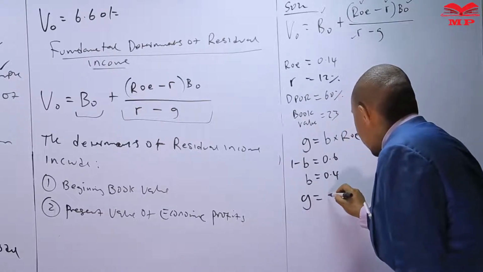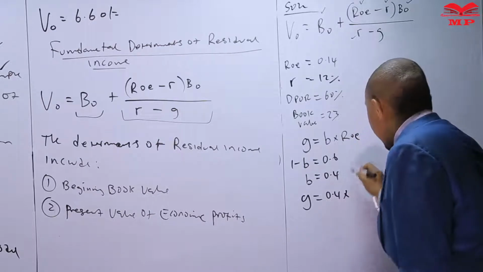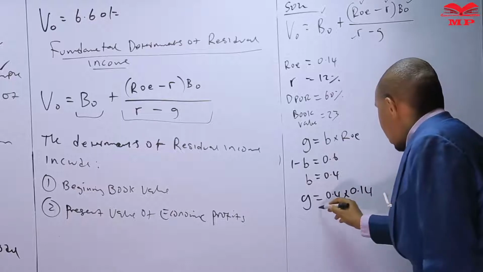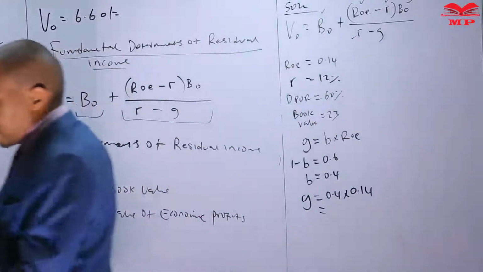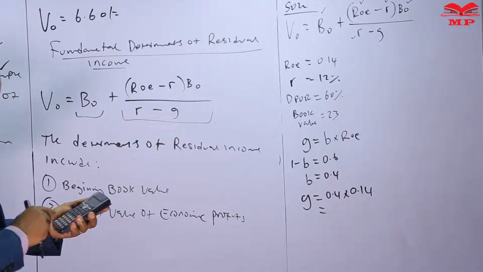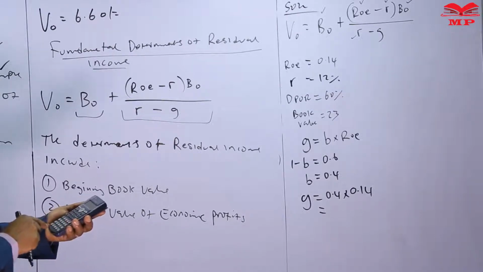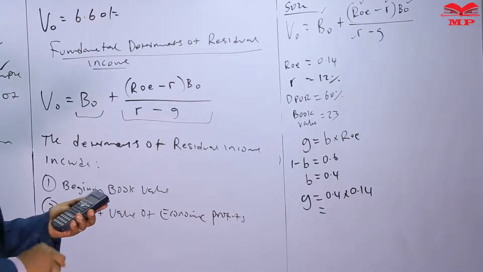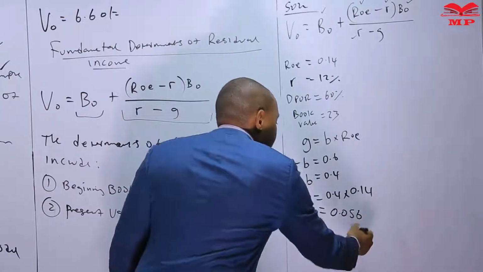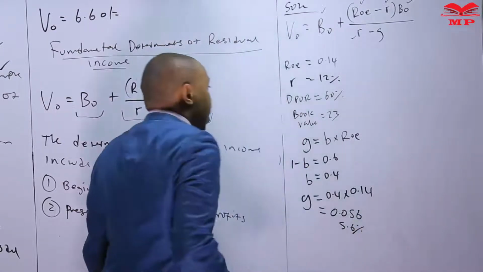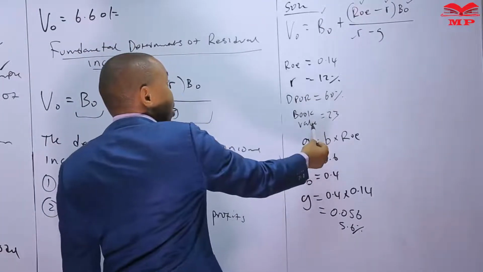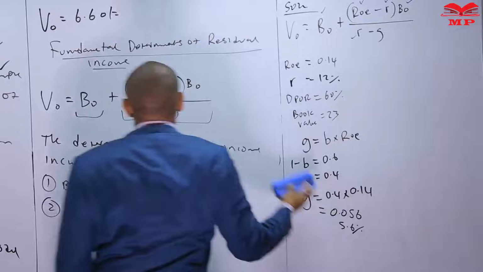G is given as b, which is 0.4, multiplied by the ROE, which has been given as 0.14. How much do we have as the growth rate there? We have 0.4 multiplied by 0.14. We have 0.056, or 5.6%, like that. That is the G. Now we have all of the inputs. Let's put it all together.